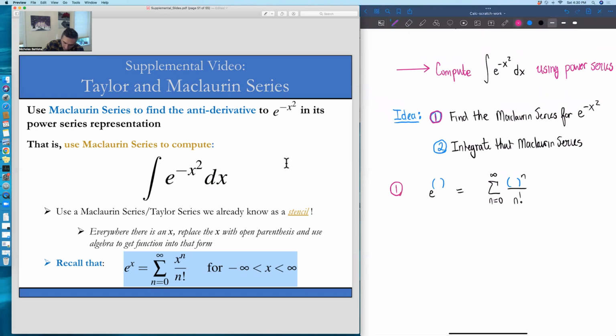The idea being, whatever we put into the parentheses on the left-hand side in the exponential, we just put on the right-hand side inside the parentheses as well. This is our composition of functions idea, or basically what we've been calling stencils. So in terms of the function that we're looking at, e to the minus x squared, what this suggests is inside of those parentheses, we want to put a minus x squared.